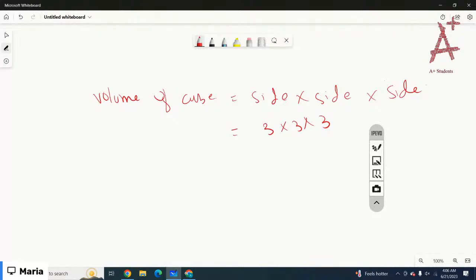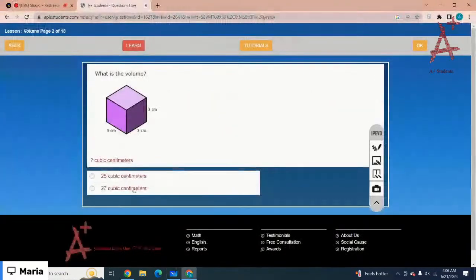So 3 times 3 is 9, and 9 times 3 is 27. So the correct option is 27. It would be 27 cubic centimeters.